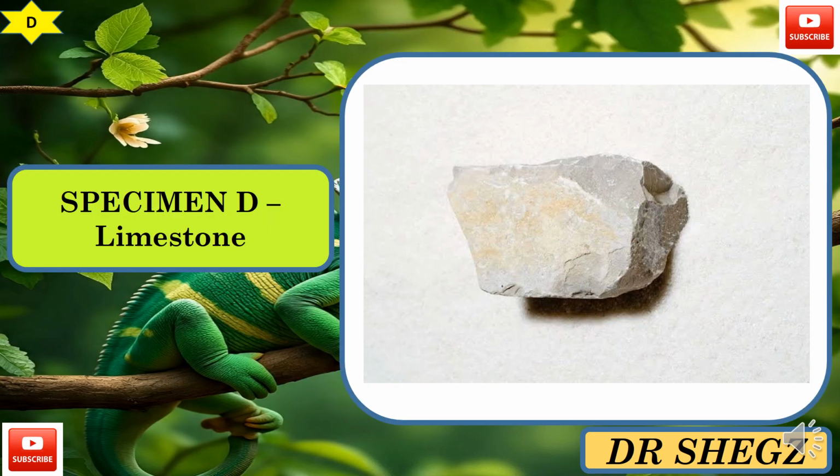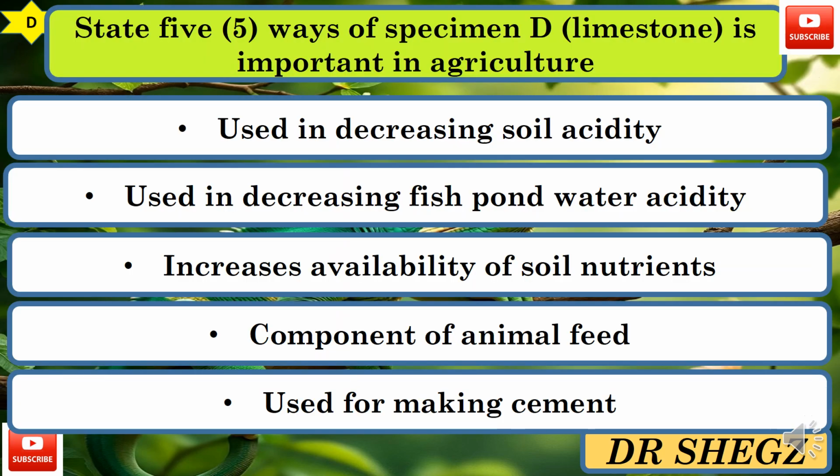Now specimen D, limestone. State 5 ways specimen D is important in agriculture. Again, this limestone has come out in different years.